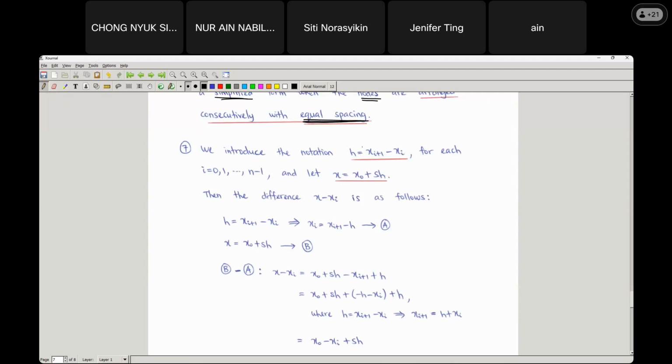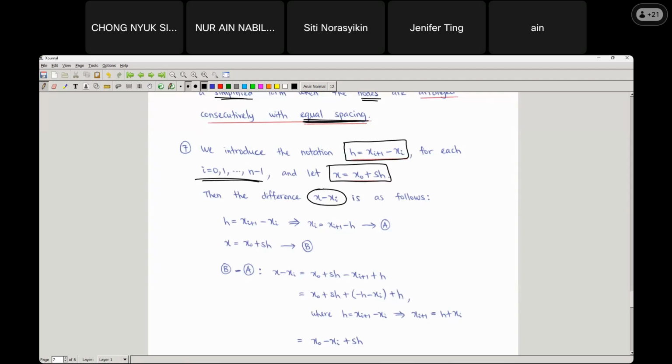So these two are the formulas that you have to remember. You must know that i starts from 0 and the last one is n minus 1, because when i is equal to n minus 1, i plus 1 gives xn, and we know that xn is the last node that we have. So now we want to find the difference between x minus xi.